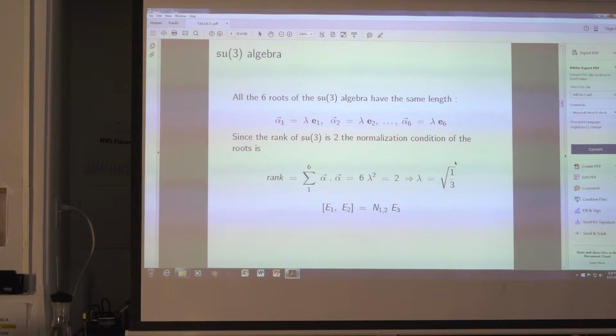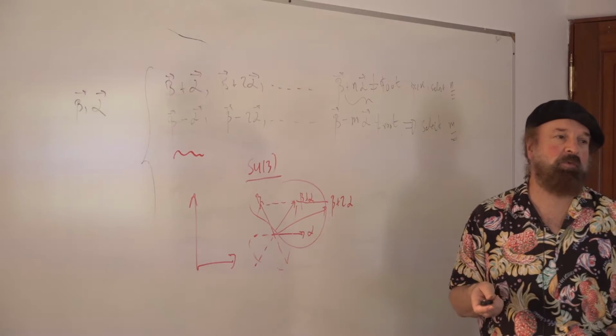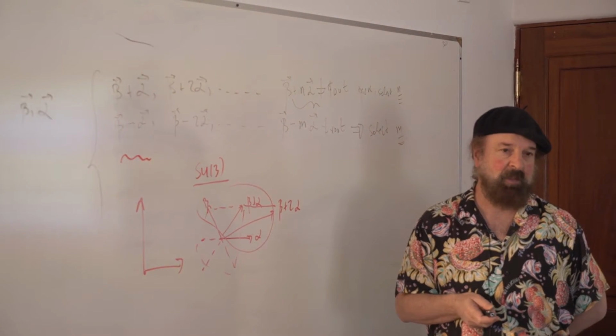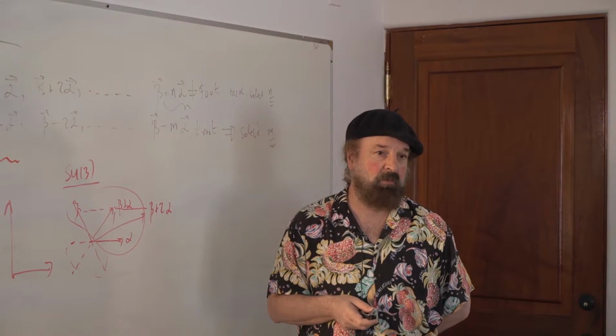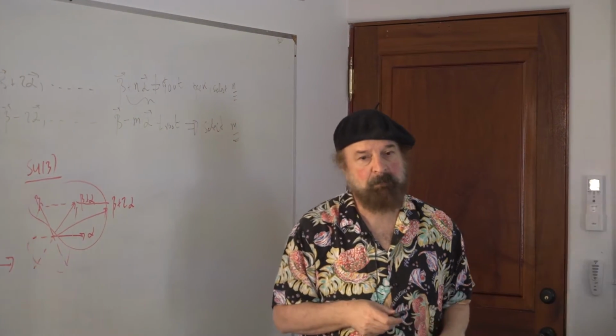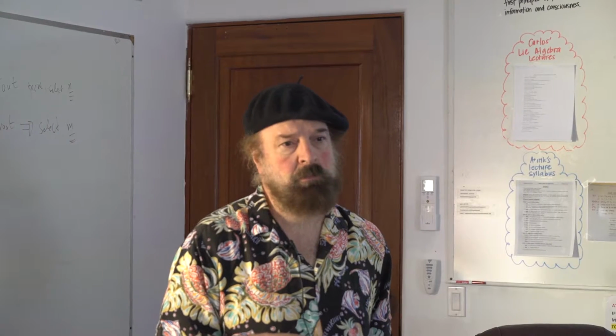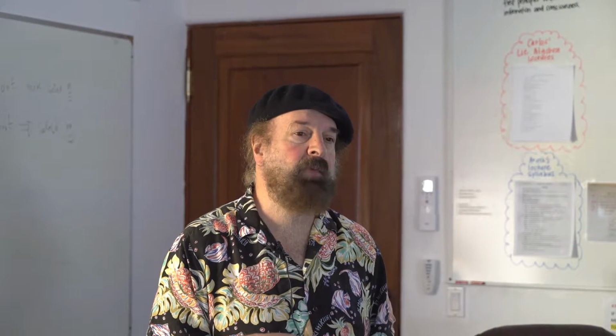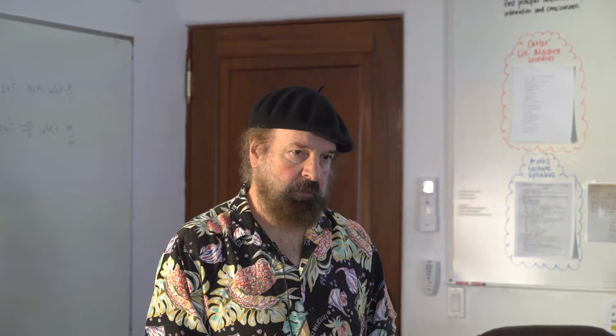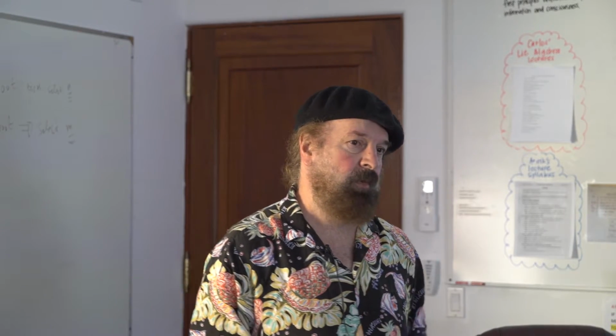You can choose the first roots to be the first two simple roots, and the remaining ones are not simple roots. Don't you always choose the subscripts for n to be the simple roots? No. You choose them to be all the roots, including the simple roots.